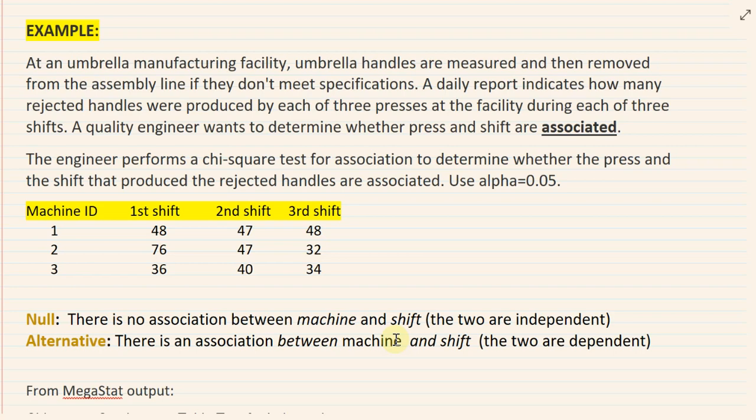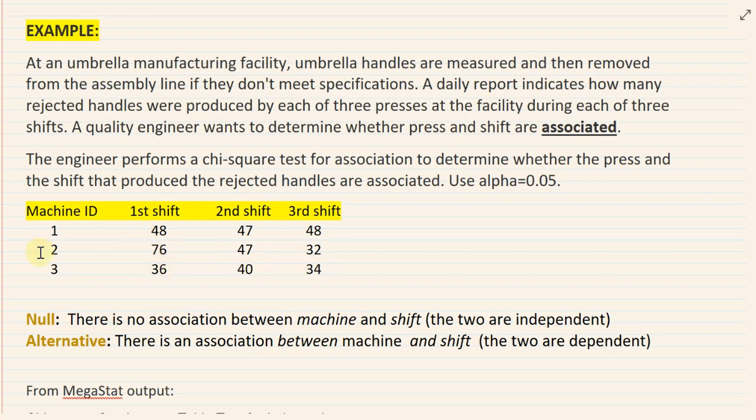So that's what we're going to write: there is no association between the row variable, which here is machine. Each row, row 1, row 2, row 3, constitutes machine 1, machine 2, machine 3. And the column variable here is shift. And these are the levels of the column variable: column 1, column 2, column 3, so that means first, second, third shift. Okay, and there is our contingency table.